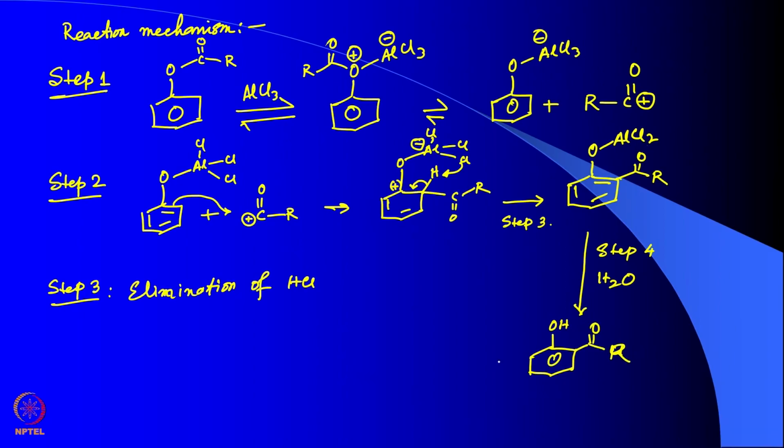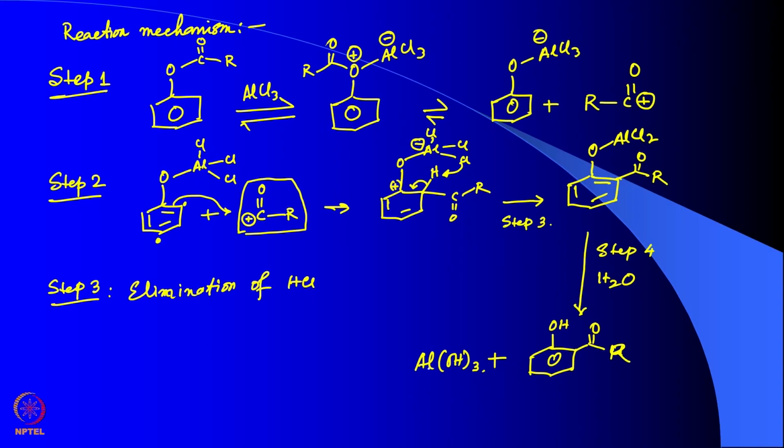And aluminum chloride is released as aluminum hydroxide, right. So, this particular cation can connect to the ortho position, and simultaneously it can connect to the para position.